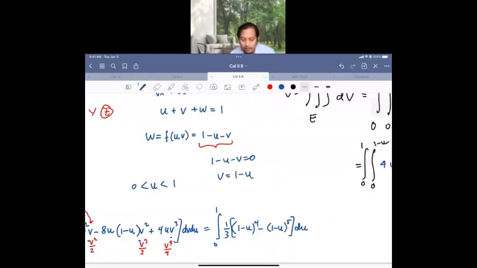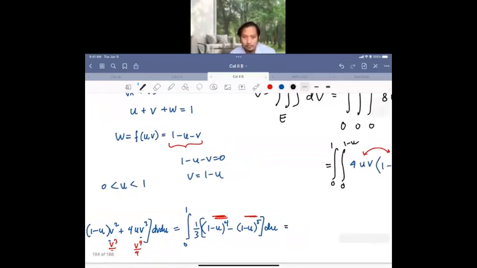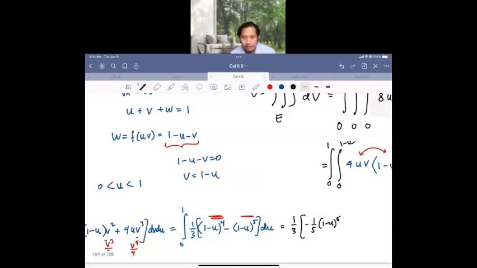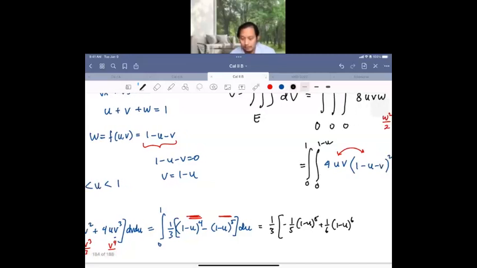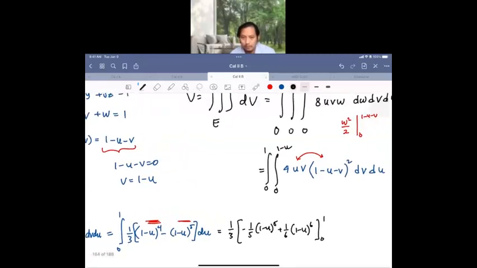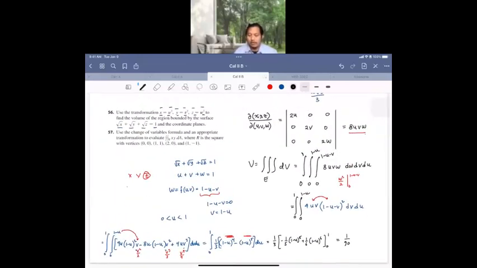And after that, we could have integration with respect to u. And finally, we will have 1 over 3, negative 1 over 5 (1 minus u)⁵, plus 1 over 6 (1 minus u)⁶. Okay, it's 1 over 19.